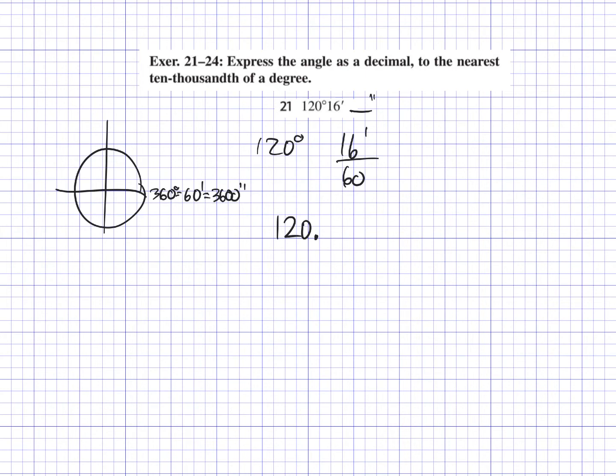So we'll do 16 divided by 60, and that gives us 0.26 with a 6 repeating. Okay, and that's still in degrees. So now you've converted your minutes into degrees.